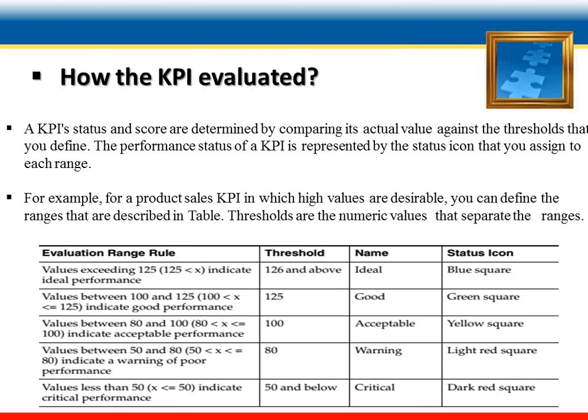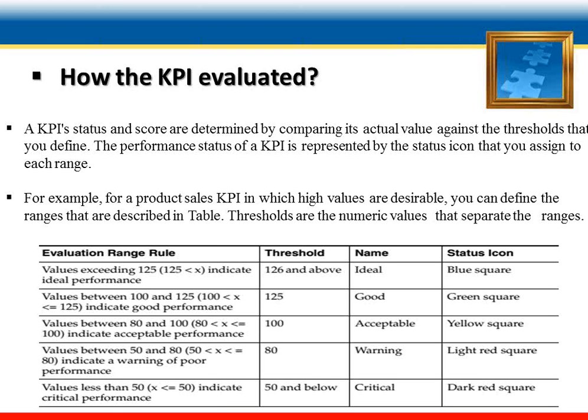So the KPI is evaluated with the status icons. For example, I'm giving the example of a product sales KPI, in which high values are desirable. So you can define the ranges as described in the table.